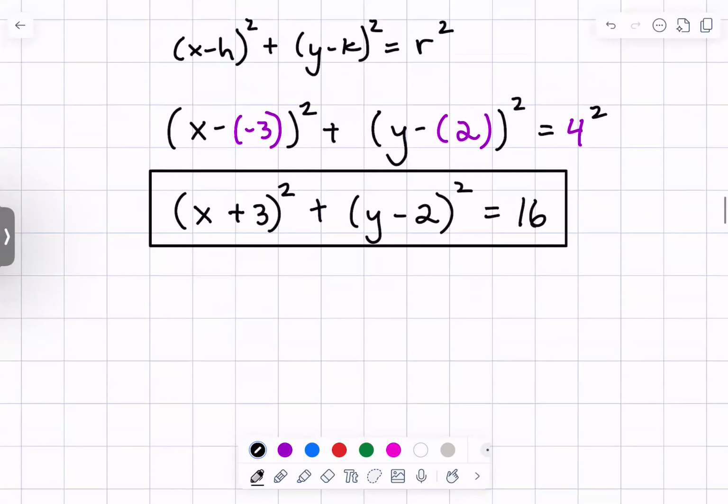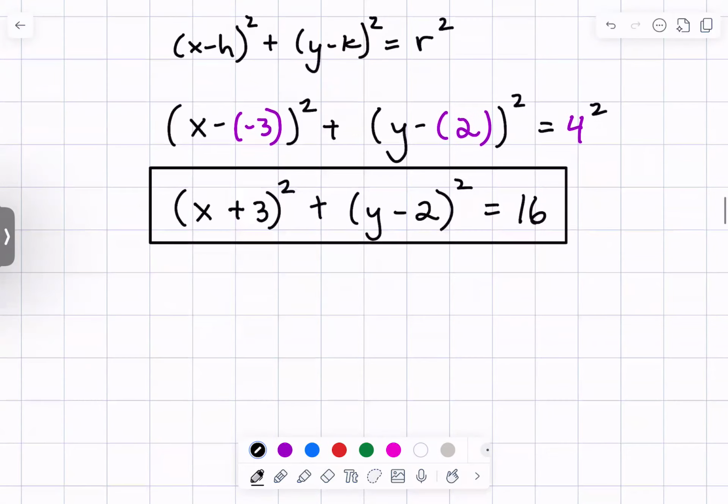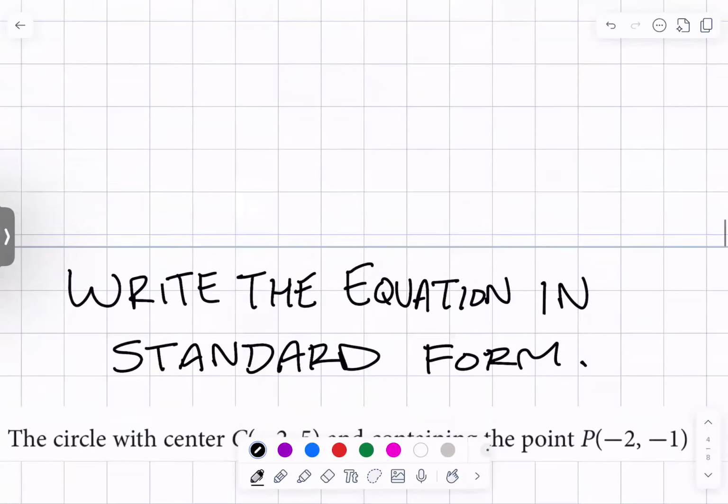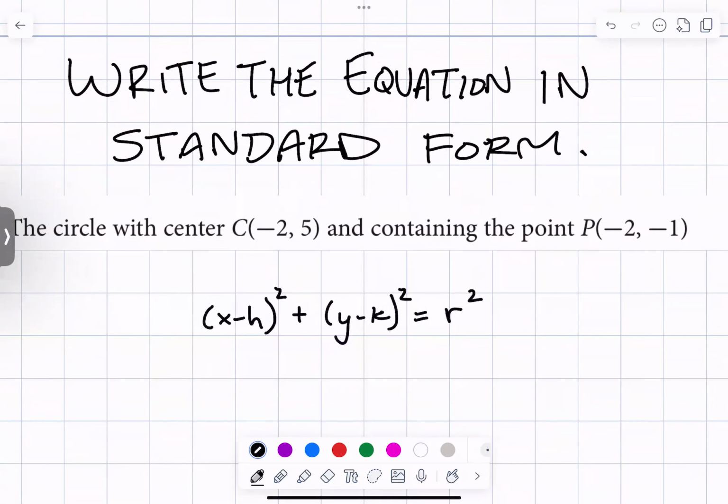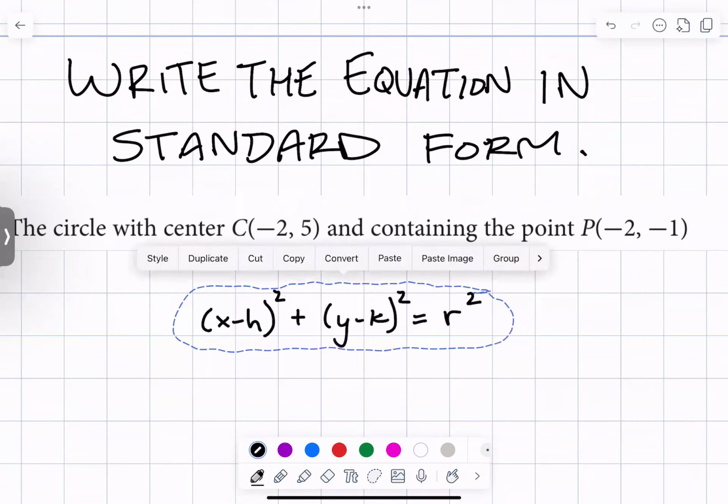Okay, so this is like step 1 or level 1. Okay, level 2 would be, hey, I have the center and a point, where the point is -2, 1. So here is my standard form again.